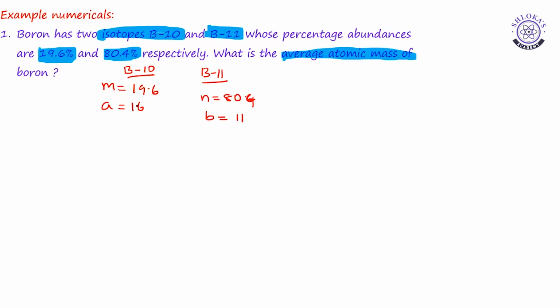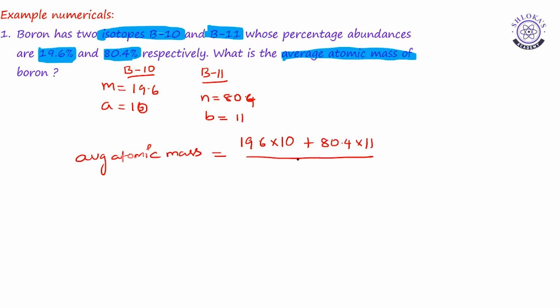Now substitute here. Average atomic mass is equal to 19.6 into 10 plus 80.4 into 11, by the sum of the m plus n values, which is always obviously 100%.